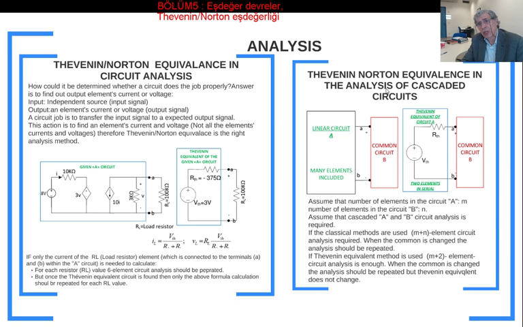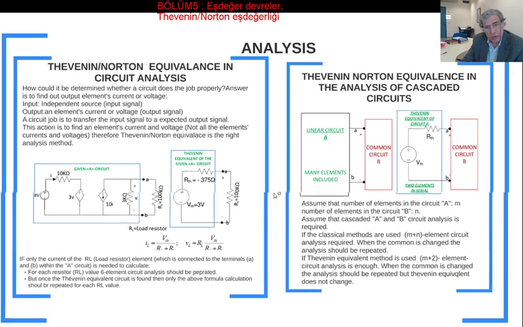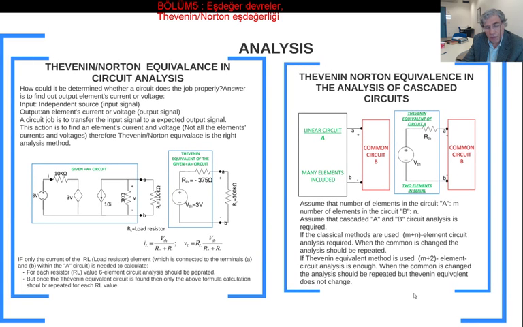Thevenin-Norton equivalence analysis for cascade circuits. Here, our load is just one element, which is this resistor, but you could use the Thevenin equivalent circuit for two circuits connected in series or in cascade. So the output of one circuit is the input of another circuit, which we call a cascade connection.